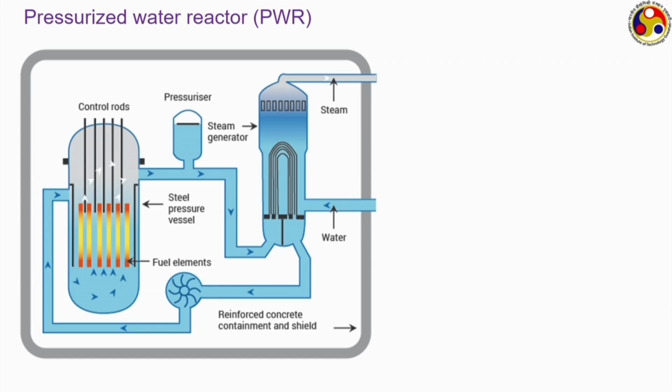They are placed following a certain kind of orientation, and the control rod material is generally boron or some compound of boron like boron carbide or boron oxide, which are allowed to pass through the gap between these fuel elements, so that they can capture a certain portion of the neutrons available there depending upon their level of insertion.